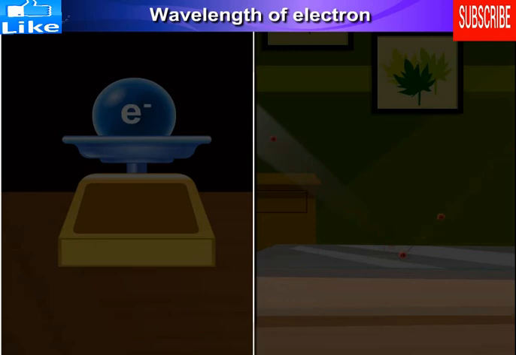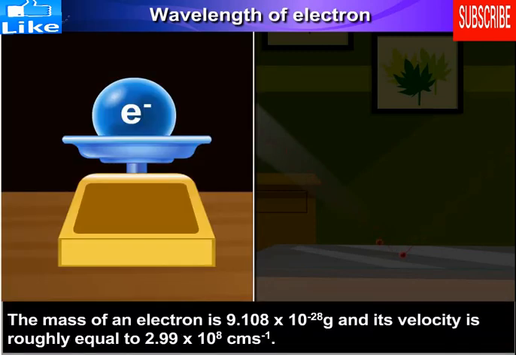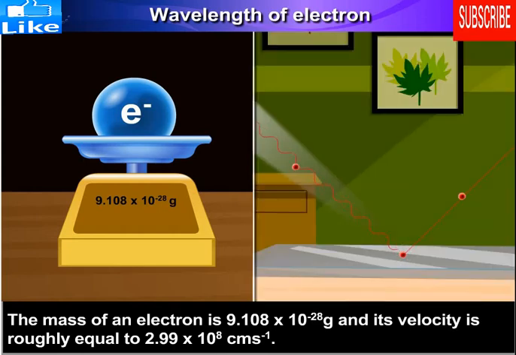Wavelength of electron. The mass of an electron is 9.108 multiplied by 10 raised to minus 28 grams, and its velocity is roughly equal to 2.99 multiplied by 10 raised to 10 centimeters per second.